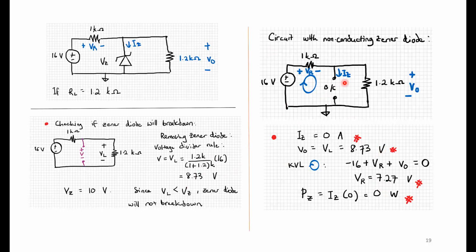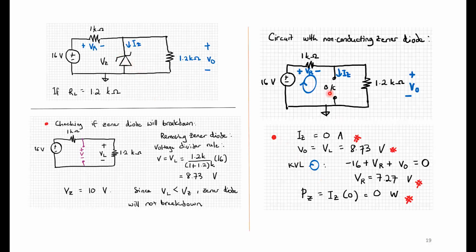Okay, so the voltages across these two are comparatively around the same, and this is perhaps because R is too small for this circuit. R would have to be bigger to allow this Zener diode to break down, as we shall see in the next example when we treat RL as 3 kilo ohm, because there we will see that the Zener diode can turn on.